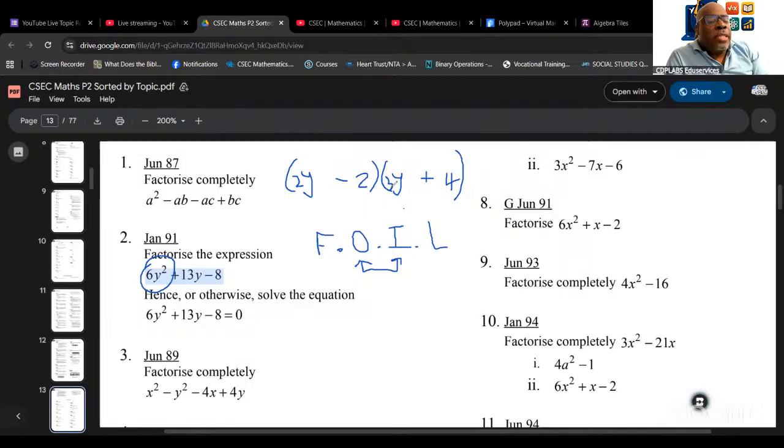Now, 2y times 3y will give us what? 6y squared. And then the two outer ones will give me what? 8y. But I have to add the two inner ones. So minus 2 will give me minus what?